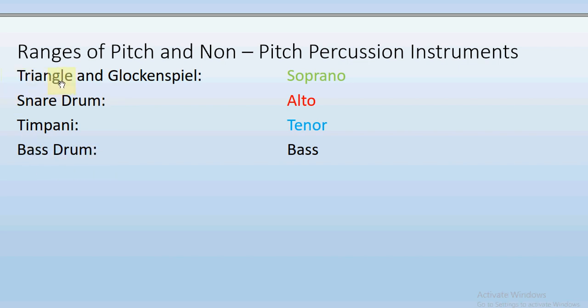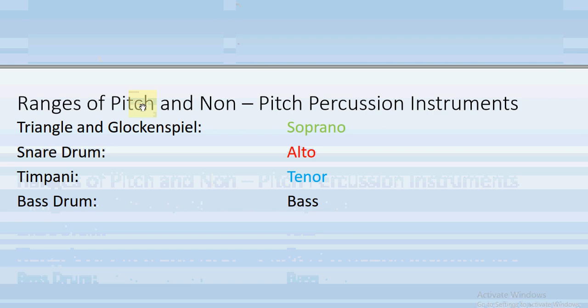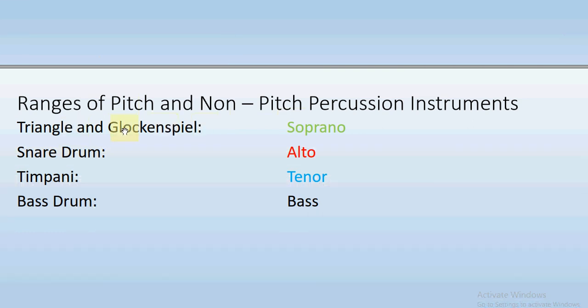Now if you look at the ranges of notes these instruments can produce: the triangle and the glockenspiel, remember, the non-pitched ones, I don't know whether I even put a pitch range for them. It's not that they can produce soprano pitches, but just that they are in the high-sounding range.